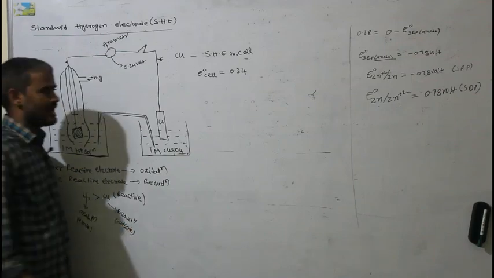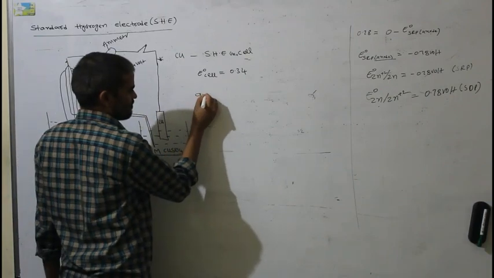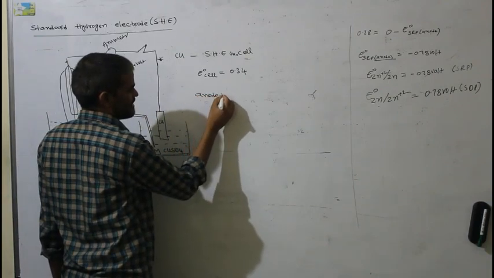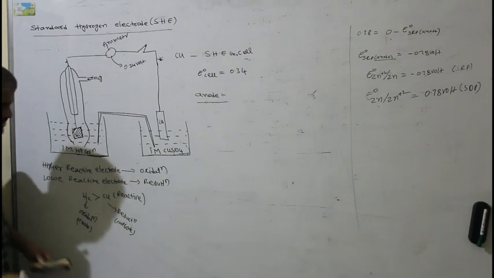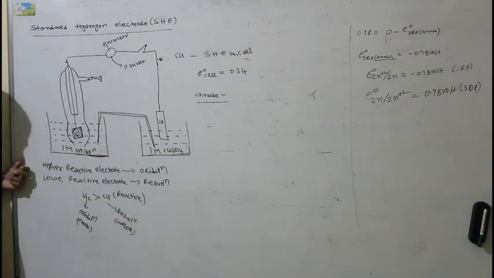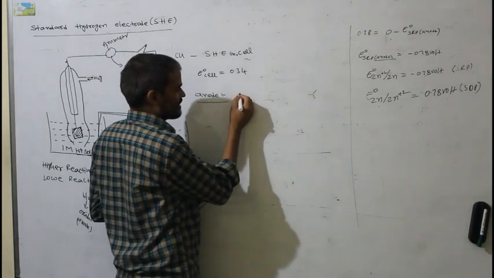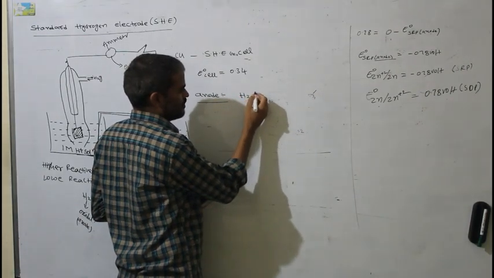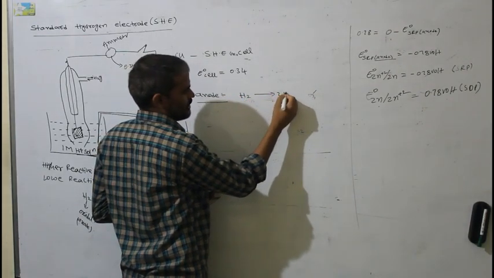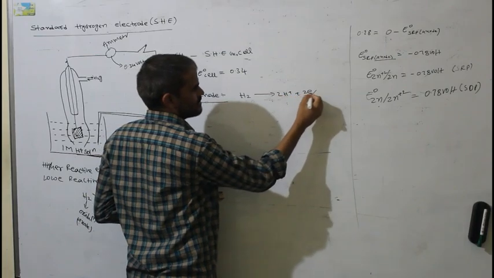So now we write the anode reaction. Oxidation will happen at the anode. The hydrogen electrode is undergoing oxidation, loss of electrons: H2 becomes 2H+ by losing 2 electrons.